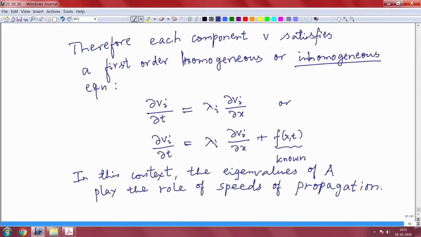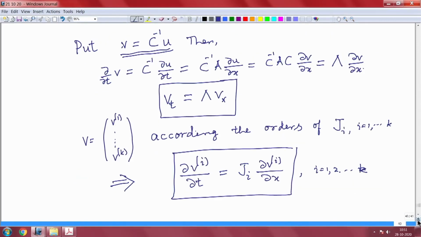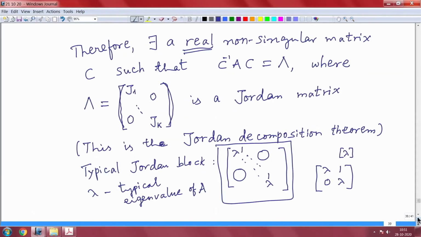Okay, let me now present some examples of various things we did in this 1D wave equation. So, in general the computation of the matrix C and obtaining this Jordan form is a very difficult task.